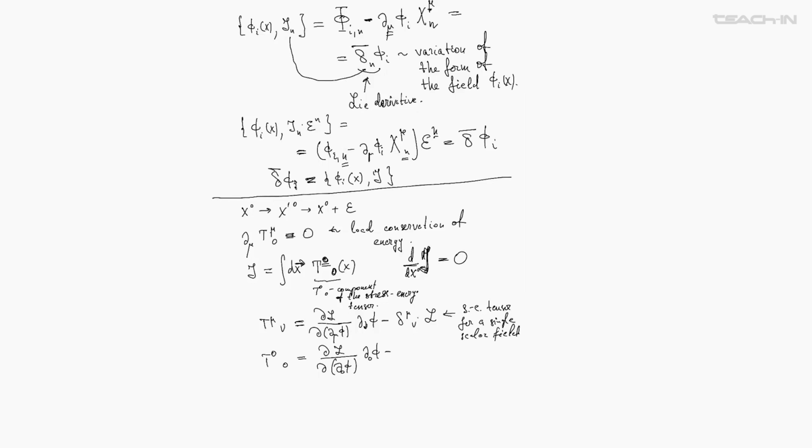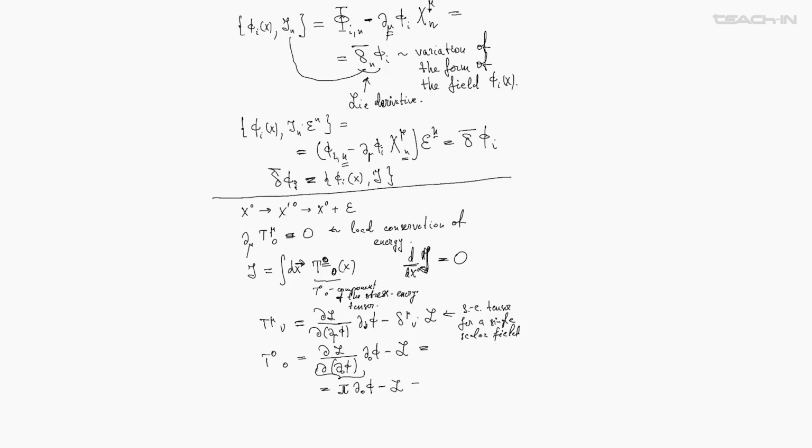Then you may do the following. What you're dealing with here is momentum. The derivative of the Lagrangian density with respect to the derivative of the field gives you nothing else than the momentum of this field, and then you get momentum multiplied by velocity minus Lagrangian. According to what I told you about the Hamiltonian formalism, this expression is nothing else than the Hamiltonian density of this field.